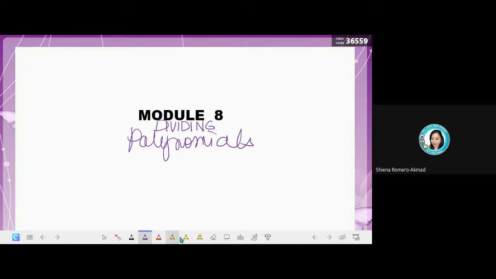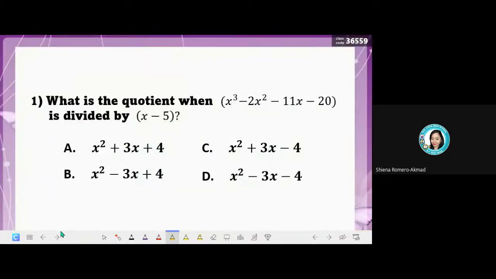Pero we have to be familiar with the word polynomial again. Kasi ito, inaral nyo to when you were in grade 7. So, kailangan natin siyang i-review.